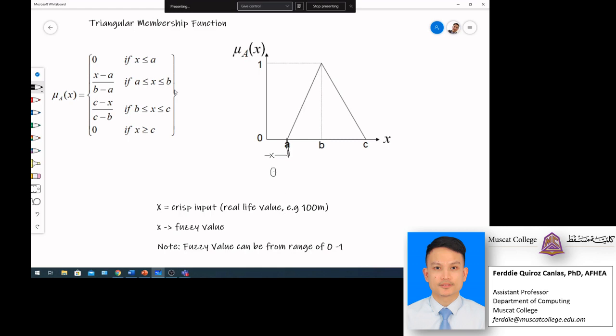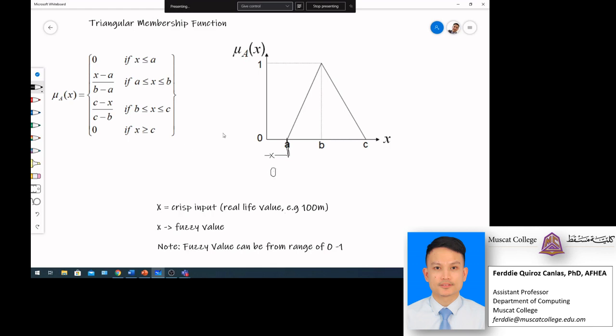You have to take note of that based on this rule. If my x is outside this triangle or equal to a, from this point, the value of x will be automatically 0. You have to remember that.